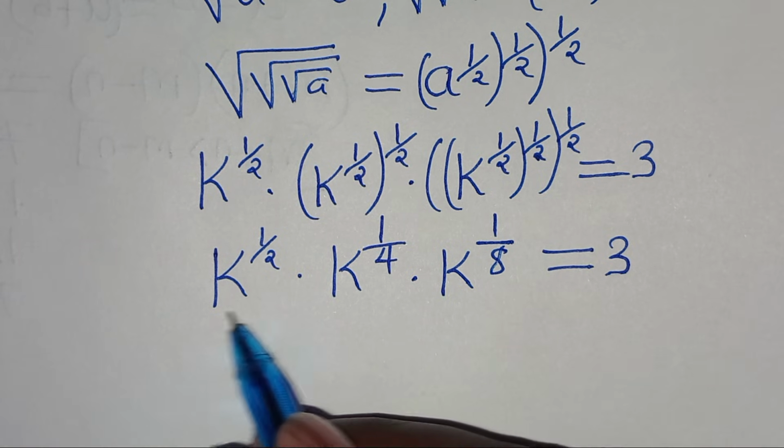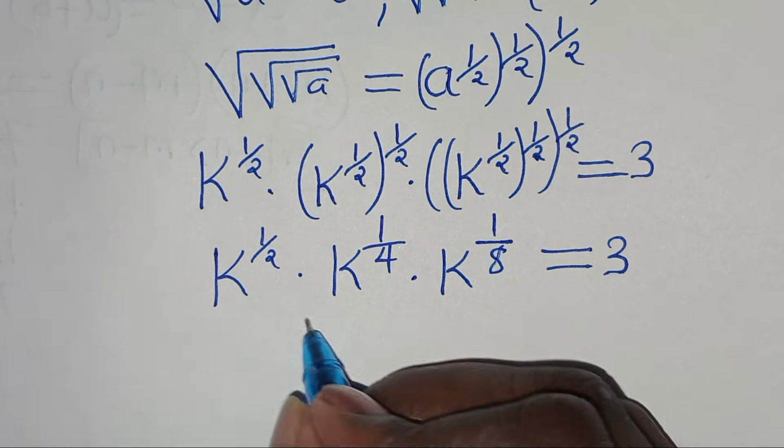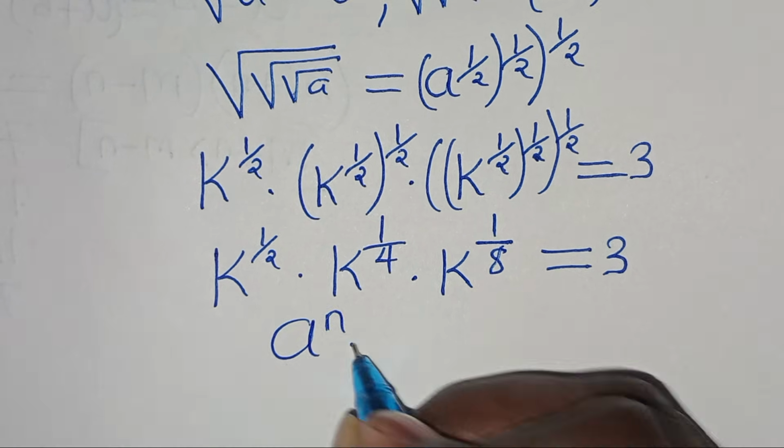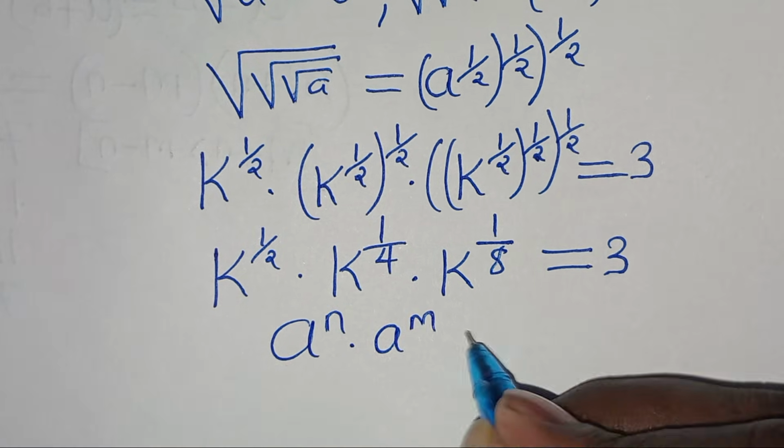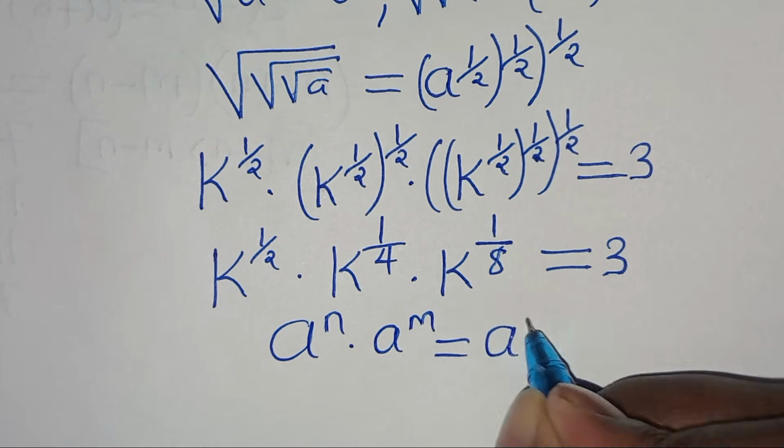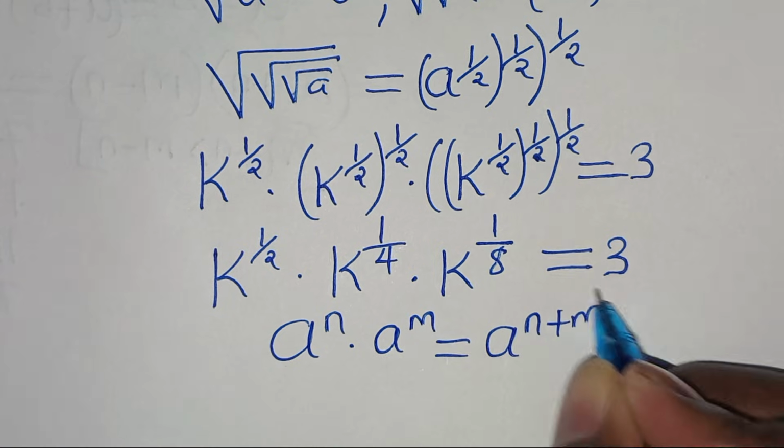Now this is actually in the form of a to the power of n times a to the power of m, which we can express as a to the power of n plus m.